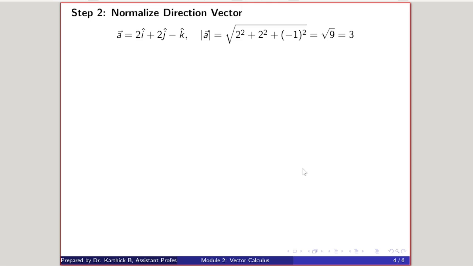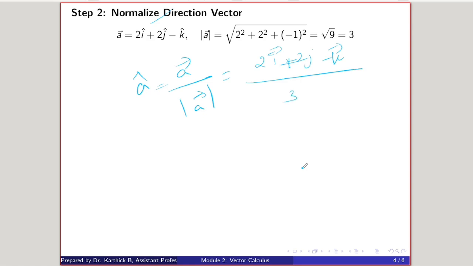On the next step, a cap can be derived as a vector by modulus of a vector. So a vector is given in the problem. Modulus of a vector means the square root of the sum of the squares of these terms: 2 squared plus 2 squared plus minus 1 squared. So it will be the square root of 9, which is 3. Therefore, a cap is 2i vector plus 2j vector minus k vector divided by 3.